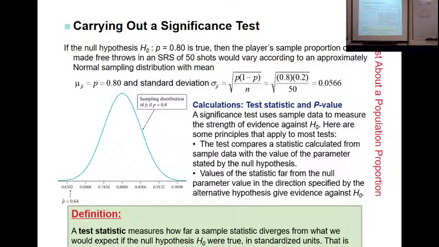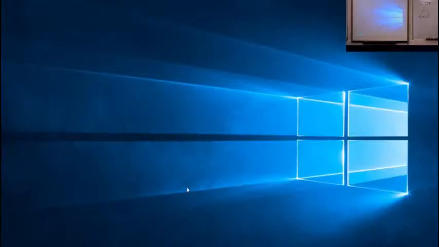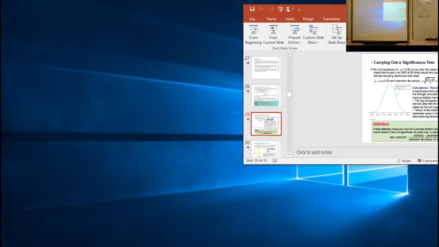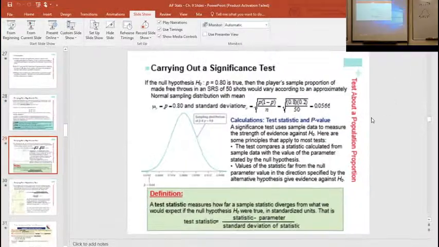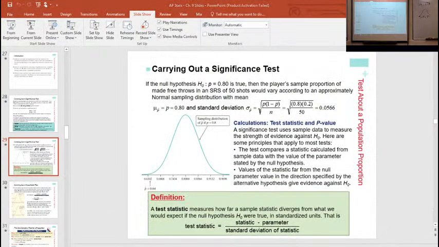Our test statistic here is a z-score, and then we're going to put in all of those pieces. So the test statistic equals statistic minus parameter over standard deviation of statistic. That is what will be on your formula sheet.